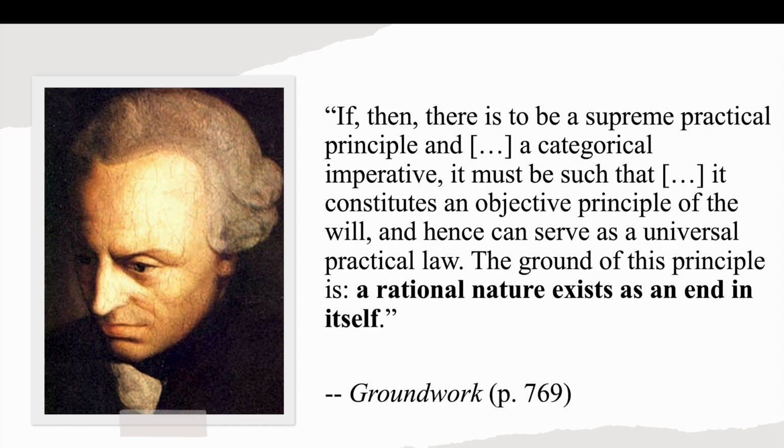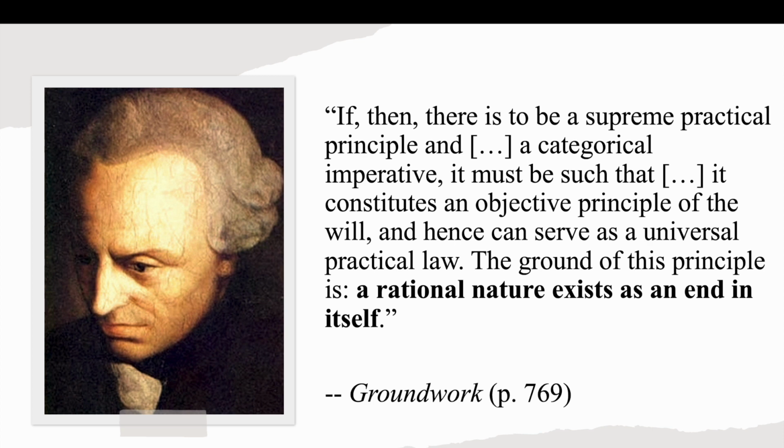He thinks this is really the basis of the categorical imperative, this insight he has about human beings as ends in themselves. He's like, if there's going to be a categorical imperative, it will have something to do with this unique feature of human beings as having unique dignity and autonomy in virtue of our reason.